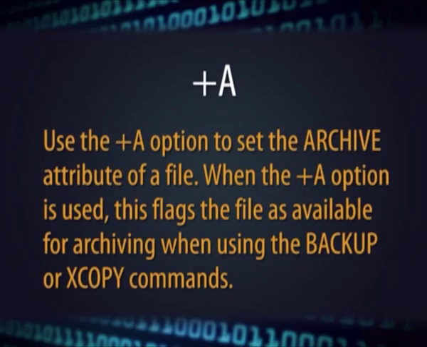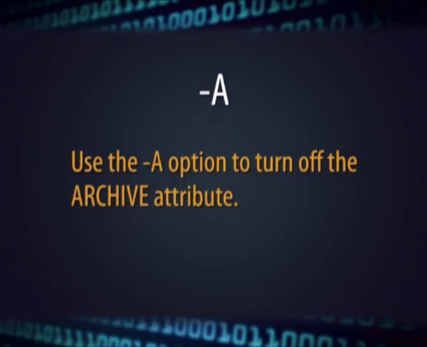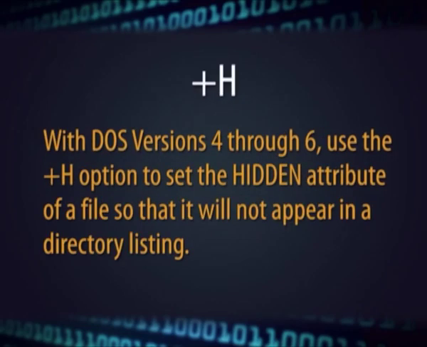Next syntax is +a. +a option is used to set the archive attribute of a file. When the +a option is used, this flags the file as available for archiving when using the backup or xcopy commands. -a option is used to turn off the archive attribute. +h.